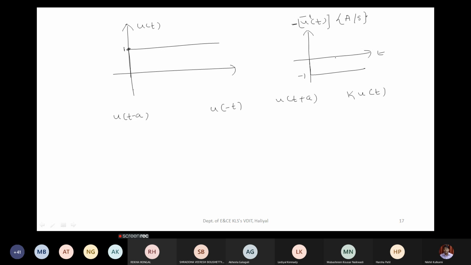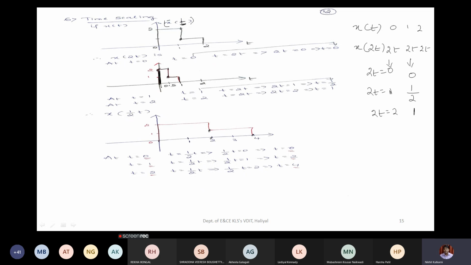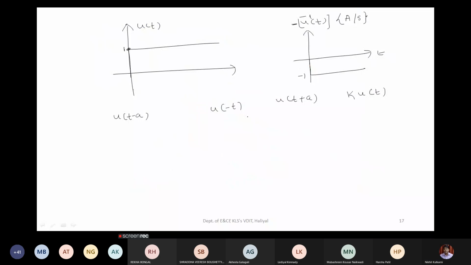Yes, sir. Then what about t minus a? Just now we have seen this, t minus a. Alright? Time shifting. So if I put t minus a, it should come towards the right side by a times. So here, how I can represent it, the amplitude will remain the same.